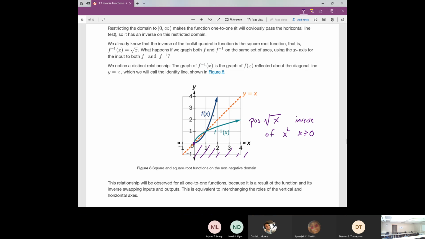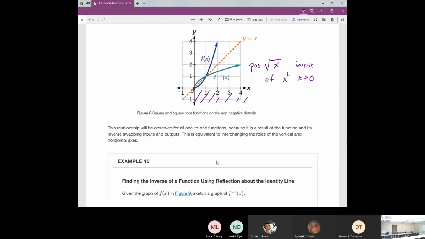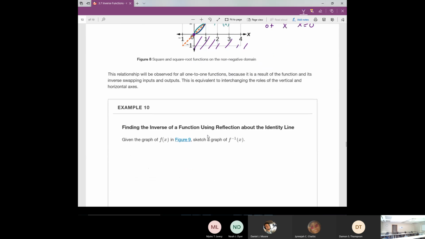And when we see that relationship, as we start to draw it on a graph, we'll actually see that all we're doing is reflecting it around this y equals x diagonal line. If I can reflect my function around that diagonal line, that is the graph of my inverse. And of course, that only works with 1 to 1 functions.